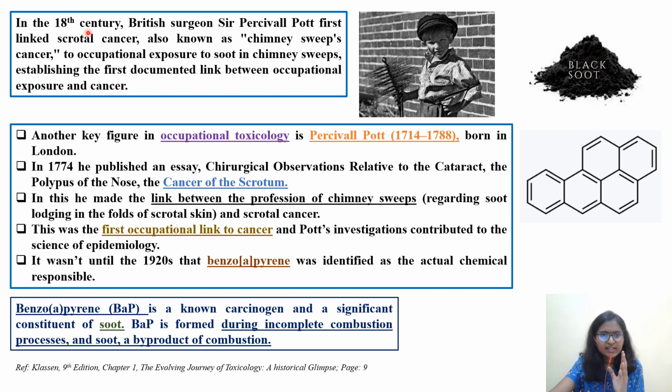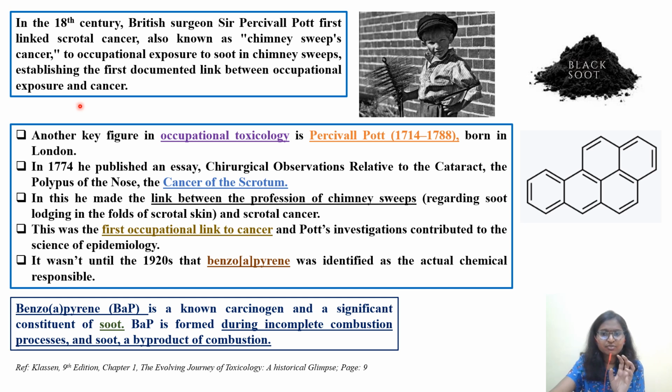In the 18th century, the British surgeon Sir Percival Pott first linked scrotal cancer, also known as chimney sweep cancer, to occupational exposure to soot in chimney sweeps, establishing the first documented link between occupational exposure and cancer. So this incident is also important with respect to occupational toxicology.